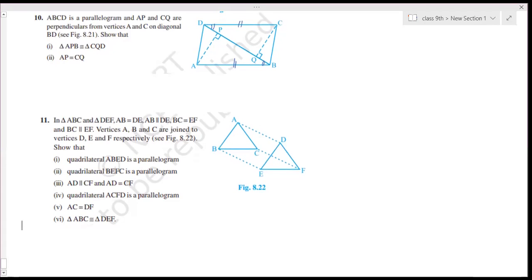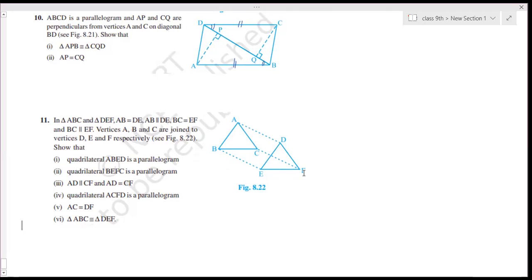Ma'am, 11th one. AB is parallel to DE and AB is equal to DE, they have given. So as one side is equal and parallel, ABED is a parallelogram. Then the same with BCFE. One side is equal and parallel.